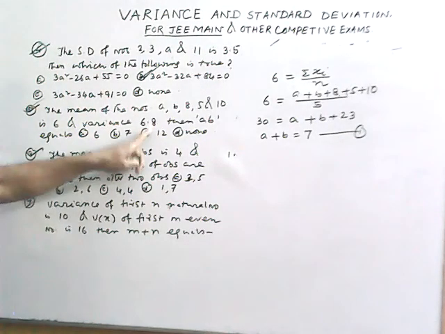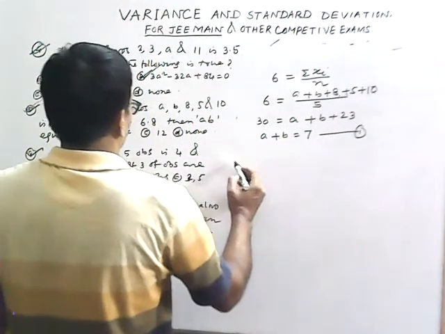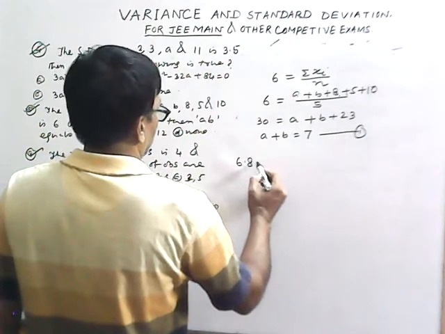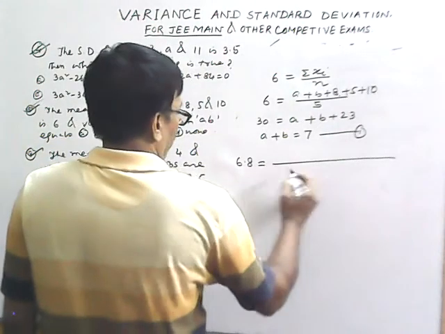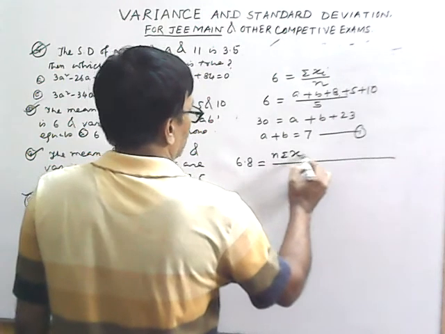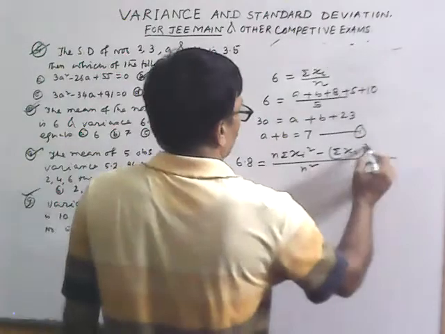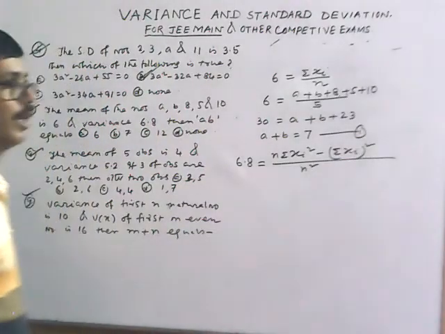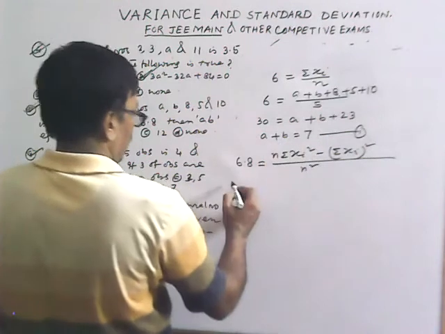Now variance is 6.8. So 6.8 equals n into summation xi square minus summation xi whole square, all over n square. Now look, what is n? N is 5.